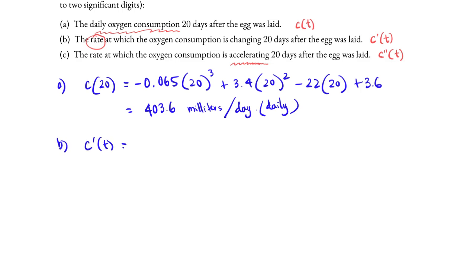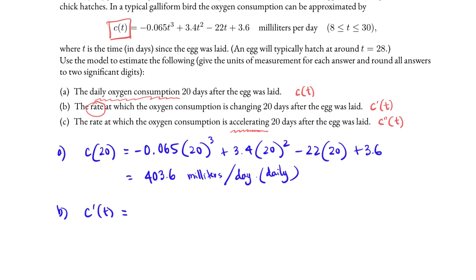C'(t) equals the derivative of the first term: negative 0.065 is a constant multiple, so we rewrite it, times the derivative of t cubed, which is 3t squared, plus 3.4 is a constant multiple, so we rewrite it, times the derivative of t squared, which is 2t, minus the derivative of 22t, which is 22, and the derivative of 3.6 is 0. Before we plug in 20, we're going to simplify this.